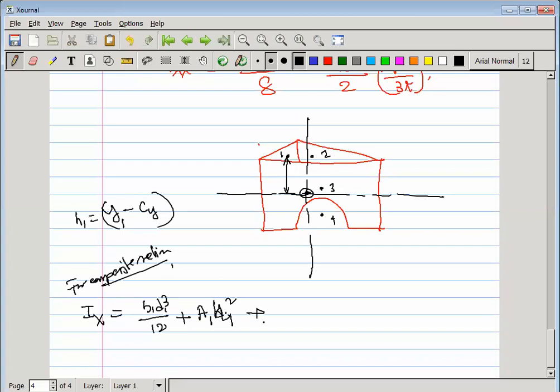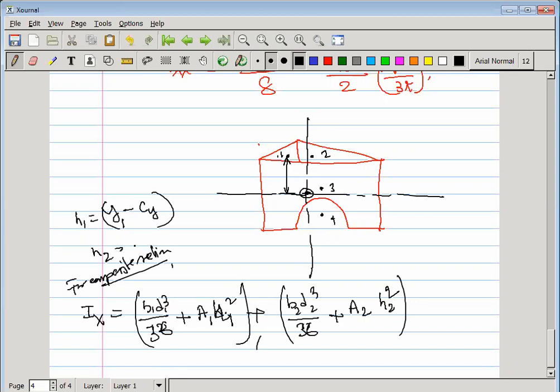Similarly, this is for body 1, triangle 1. Now triangle 2, similarly b2 d2 cube by 36, plus A2 h2 square, and h2 is nothing but y2 minus cy. You can easily find out this portion.